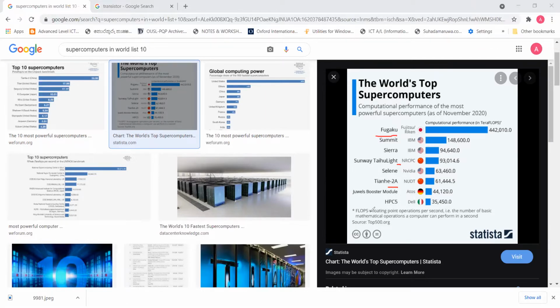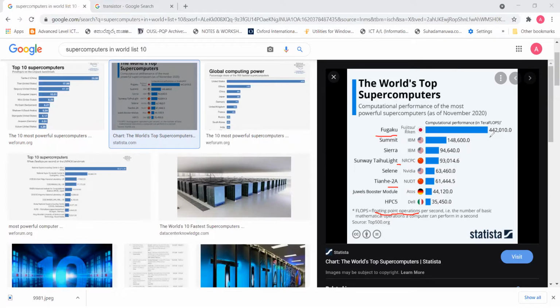Now here you can see FLOPS, floating point operations per second. Floating point is something we will discuss in unit 3, number systems. Per second means the number of basic mathematical operations a computer can perform in a second.